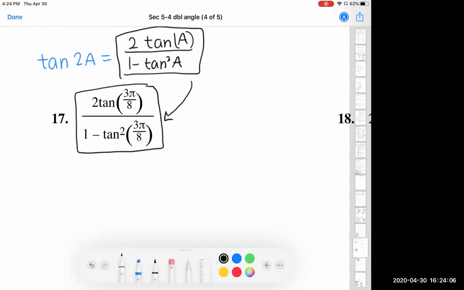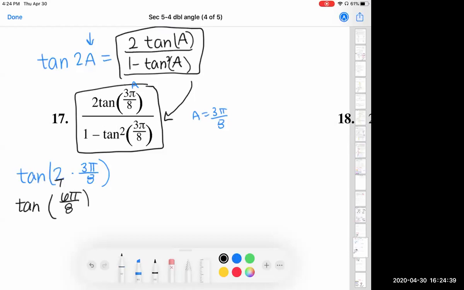Now what I want to do is I want to solve for the value of A. So let's make A equal 3 pi over 8, and let's replace it here with this A. So that I have tangent of 2 times 3 pi over 8. Let's multiply across. We can write it as over 1. So we're left with tangent of 6 pi over 8.